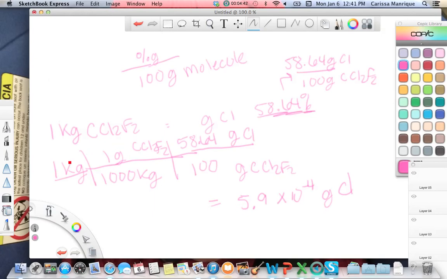And it would be even easier if I didn't have this conversion right here. But it's just one step. So instead of going from grams to moles to moles to grams, you're just using this percent conversion right here. And it saves so much more time if you have it. So you can use it when you have a percent in the problem, if you want.